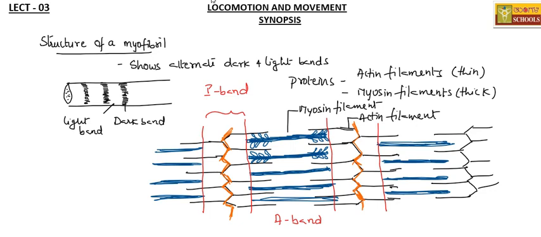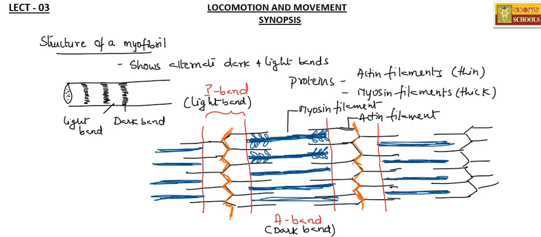So this is a light band, whereas the A band, where you find myosin and actin filaments, will be dark. So this will be the dark band. You can see again the light band, the dark band.